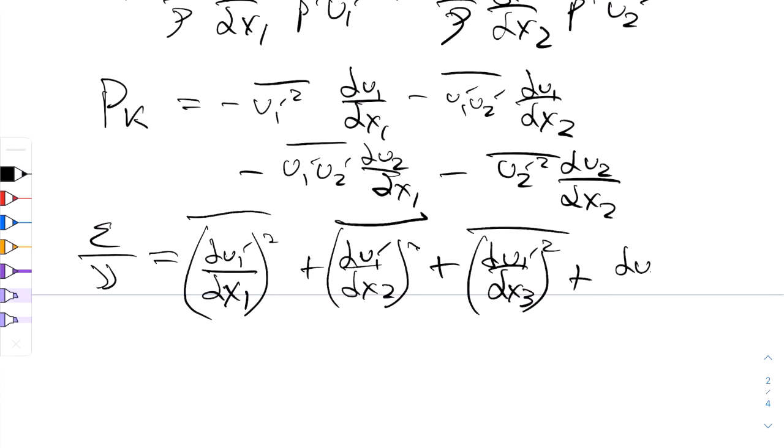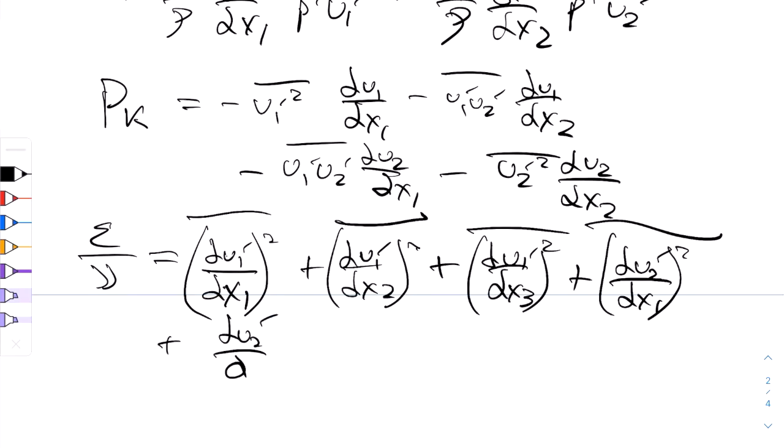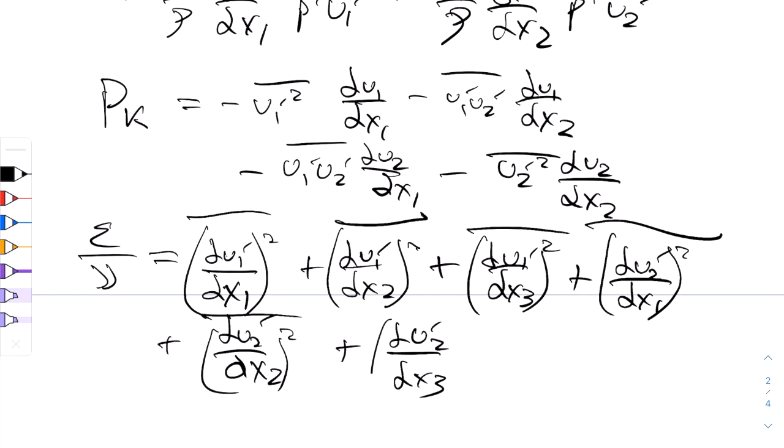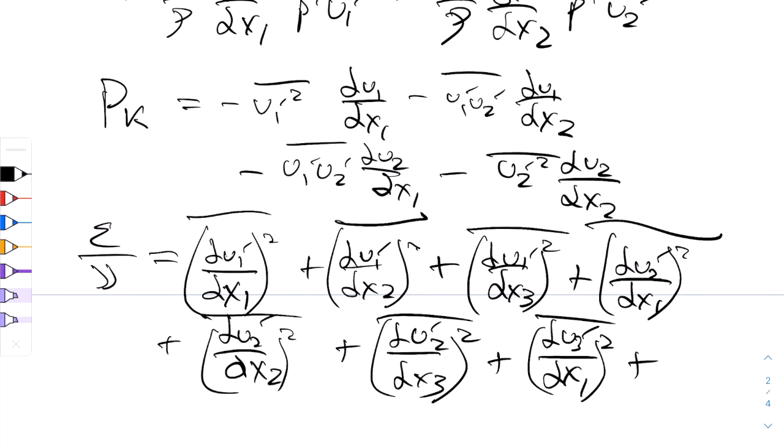plus partial u2 prime partial x1 squared bar, plus partial u2 prime partial x2 squared bar, plus partial u2 prime partial x3 squared bar, plus partial u3 prime partial x1 squared bar, plus partial u3 prime partial x2 squared bar.